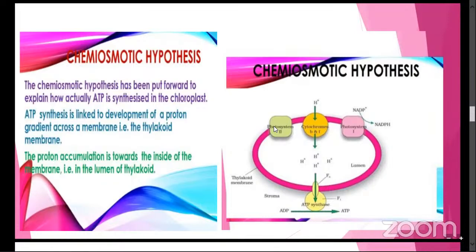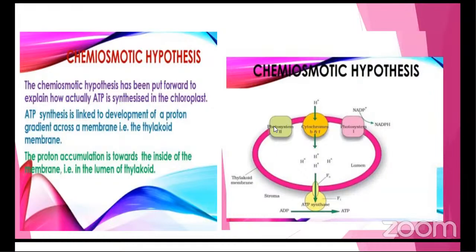This cytochrome complex receives some energy from the electrons when they leave it and move towards plastocyanin. And this released energy is utilized by the cytochrome complex in dragging the protons from the stroma into the lumen. So that is an important issue during non-cyclic photophosphorylation.